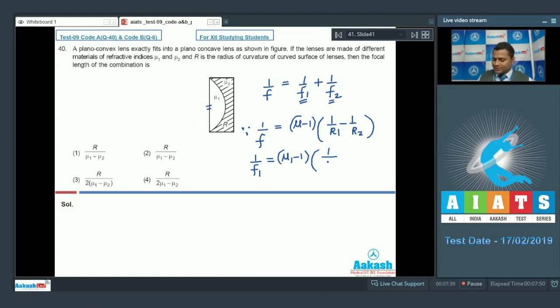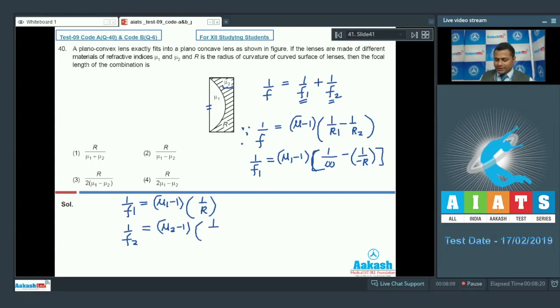The radius of curvature for a plane is infinity, minus 1 by minus R2, that is minus R. So ultimately this gives you 1/f1 equals (mu1 minus 1) by R. Similarly, 1/f2 will be given by, the refractive index with respect to the surrounding is mu2 for the second lens, so (mu2 minus 1) times the first surface, which is curved, while the second surface is plane.